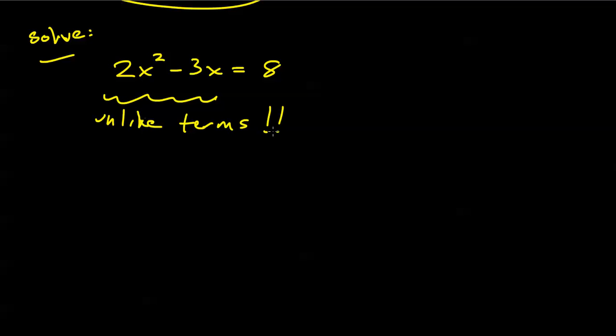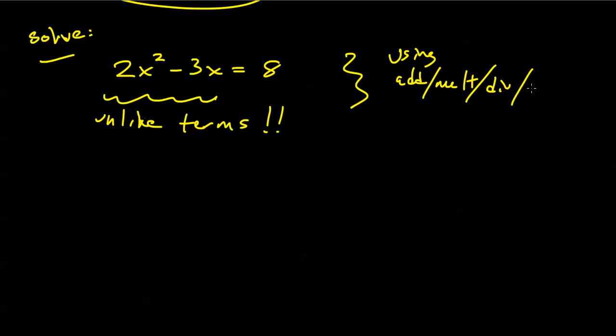Now, if we add 3x to both sides, if we divide both sides by x, there's no way you can isolate x by the techniques used in chapter 2. Let me write that down. So we cannot, using either addition or multiplication or division or subtraction, isolate x as in chapter 2. So what we need here is a new technique.